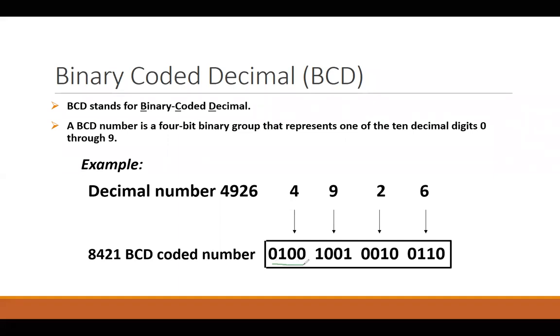The 4 is 100 and a 0 is added to complete the 4 bits. 9 already has its 4 bits completed, and 2 is 10, so 2 zeros are added to the left, and 6 is 110, so a 0 is added to the left to complete the 4 bits. So the idea in BCD is to represent each digit in groups of 4 bits.